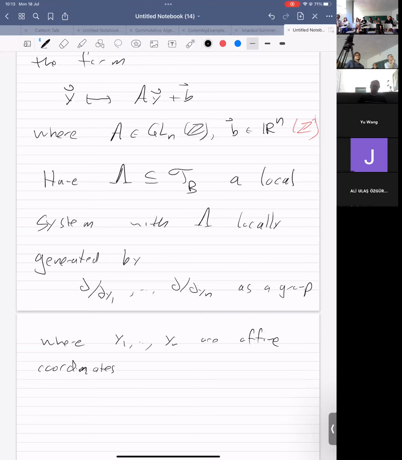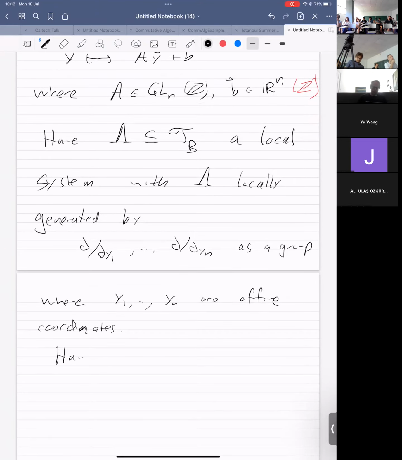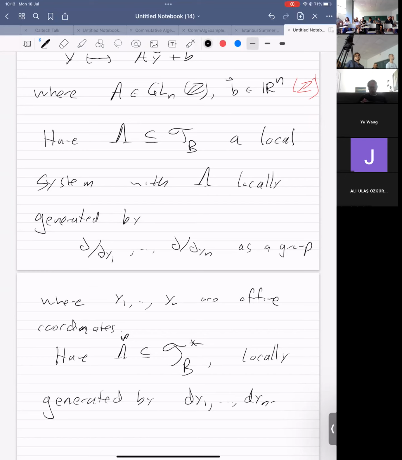Okay, we also have a dual local system, Lambda check contained in the cotangent bundle, locally generated by the corresponding differentials dy_1 through dy_n.